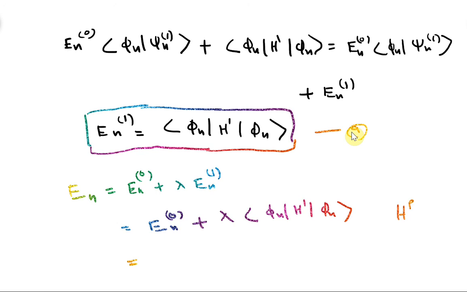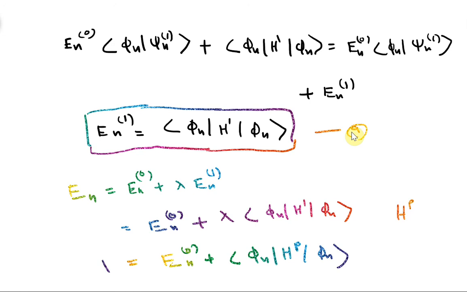It's not necessary, you can write it in terms of h dash also. There is no harm in doing that. So En is En0 plus phi n HP phi n.